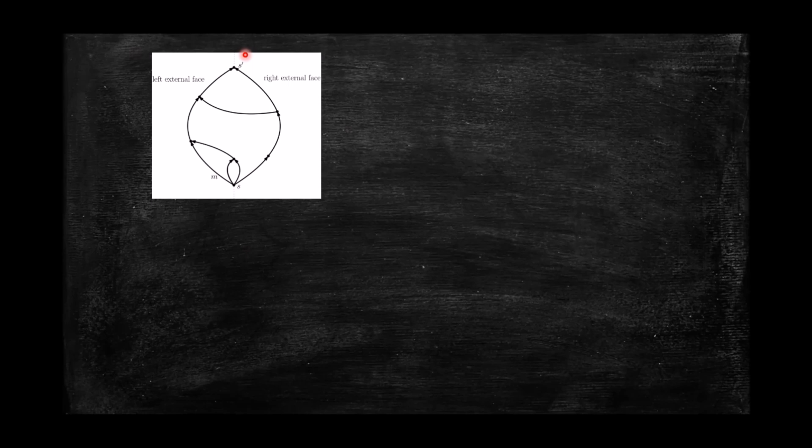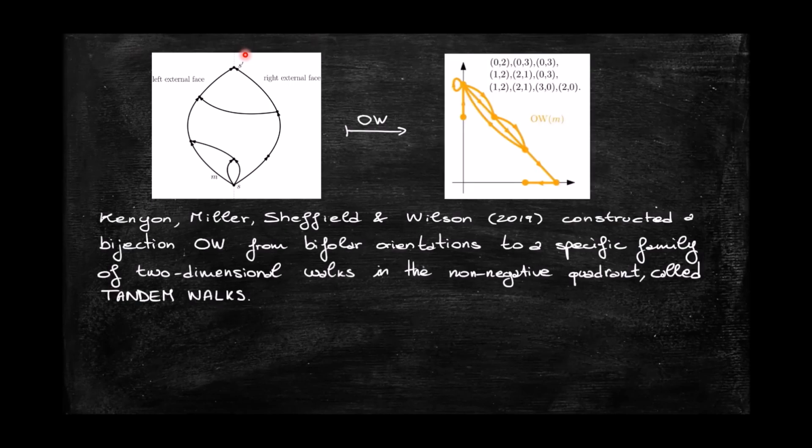Bipolar orientations are in bijection to Baxter permutations, as we said before. But bipolar orientations are also in bijection with a specific family of two-dimensional walks in the non-negative quadrant. These walks are called tandem walks. This bijection was first discovered by Kenyon, Miller, Sheffield, and Wilson.